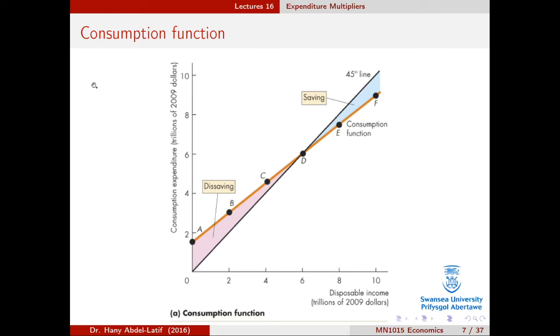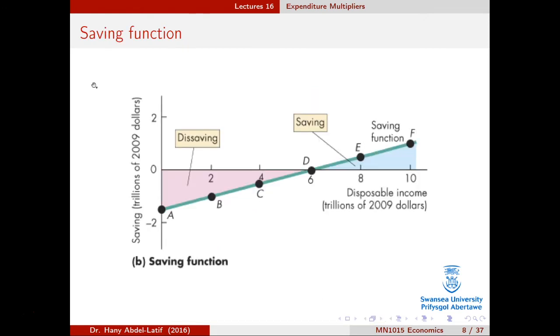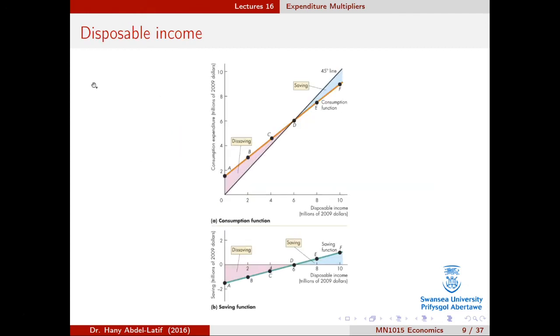If their disposable income increases, they spend more on consumption, and they also save more. So there's nothing new in this graph. I'm just bringing both functions together to show you.